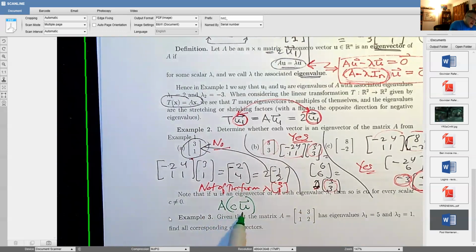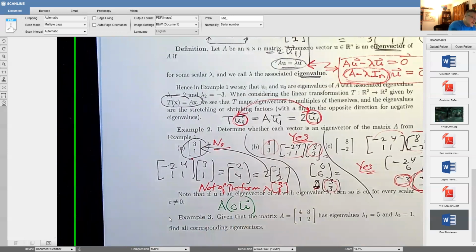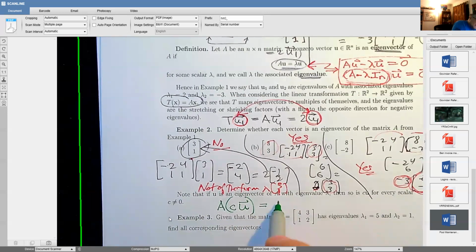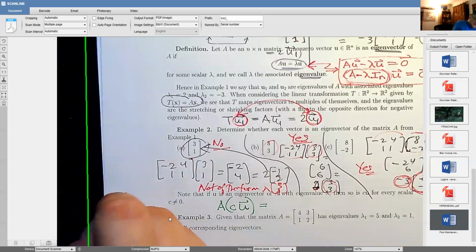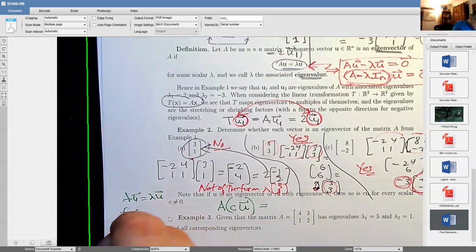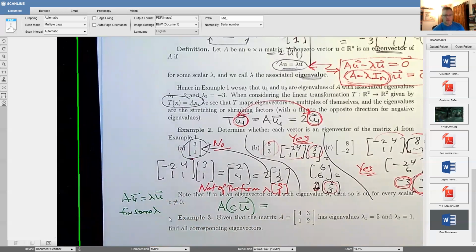Well, if it is, I have to be able to rewrite A times cu as some lambda times cu. All right. Well, all we know from knowing that u is an eigenvector of A is that Au is equal to lambda u for some lambda.